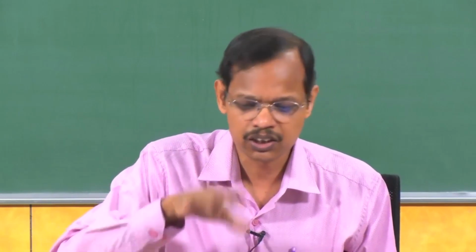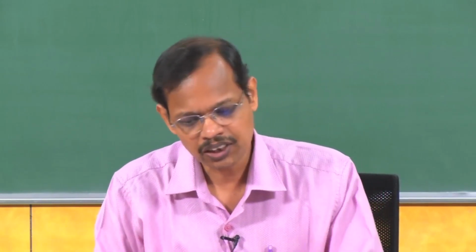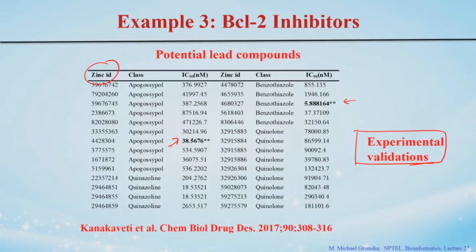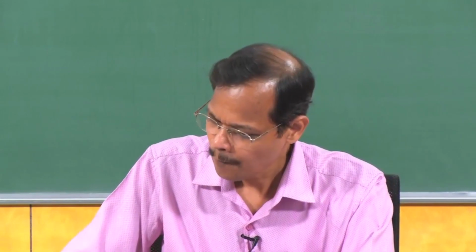You can use these equations, whether linear or non-linear, to identify new compounds. Once we get the new compounds, all of them are subject to experimental validations. If you get good results, then you can go for the next level of experiments and the clinical trials and so on.